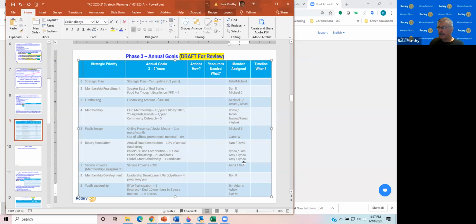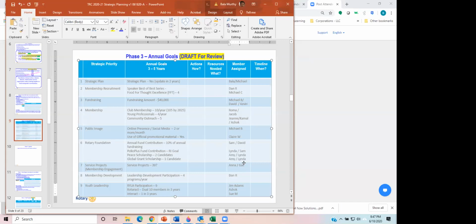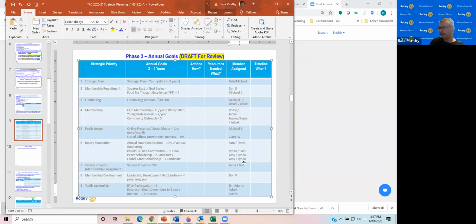Peace and Grant Scholarships are in the Rotary Foundation, as Don had suggested, and that's Amy and Linda. And then Interact, we'll follow up with Sue. Oh, okay, I'll take care of that. Okay, good. Number 6. Thank you.